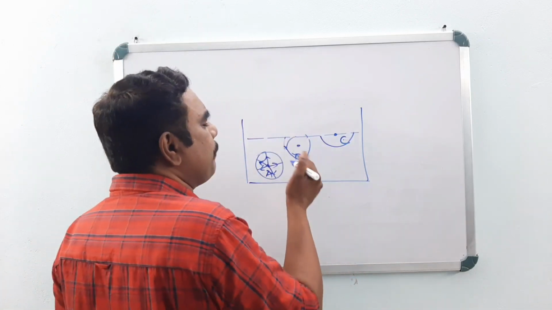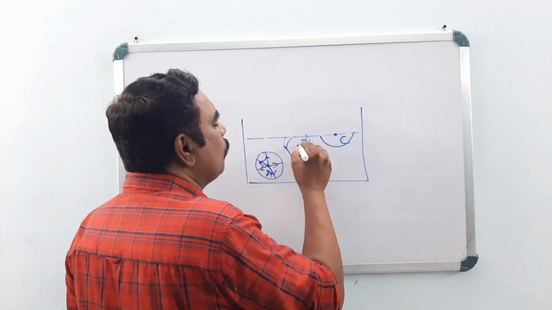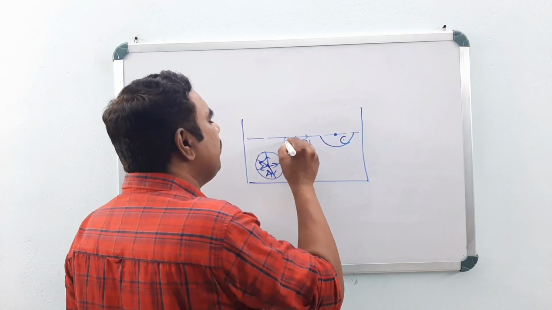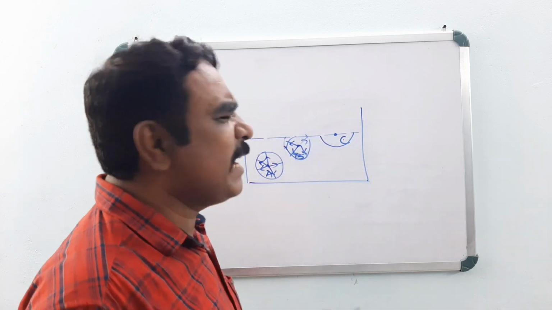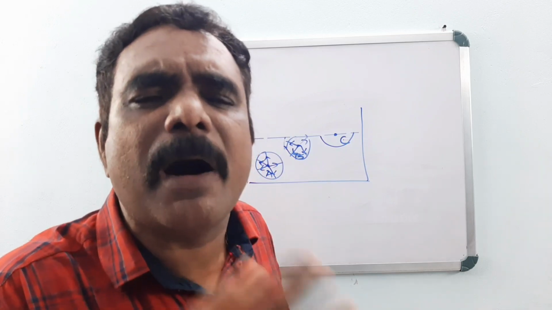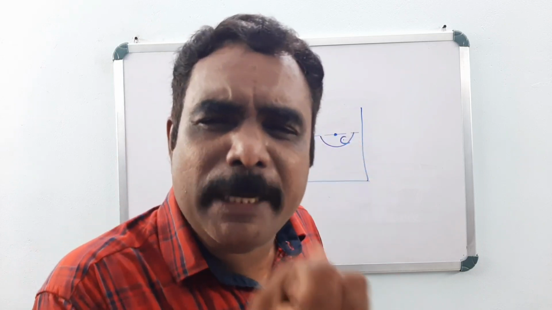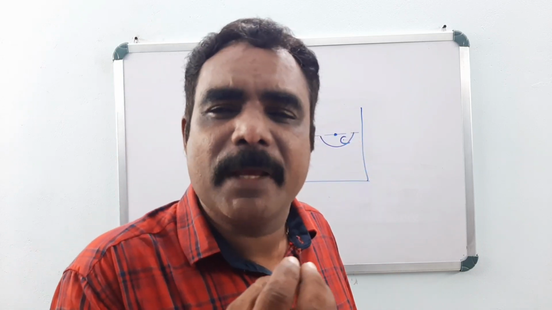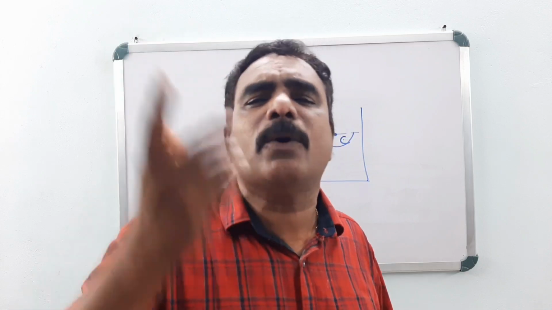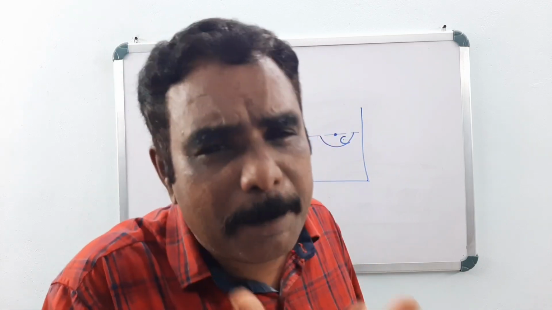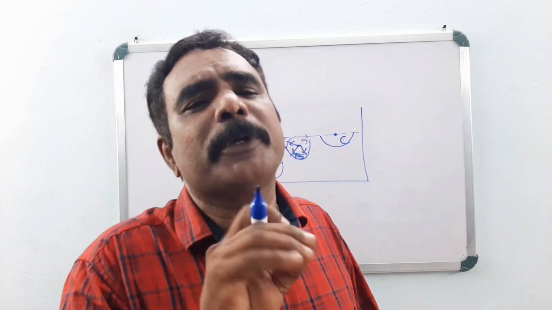But when we approach the molecule B that is near the surface, its sphere of influence is partly outside. So it is strongly pulled inside, and that inward force is not completely cancelled out from the upper side molecules because the sphere of influence is partly outside.